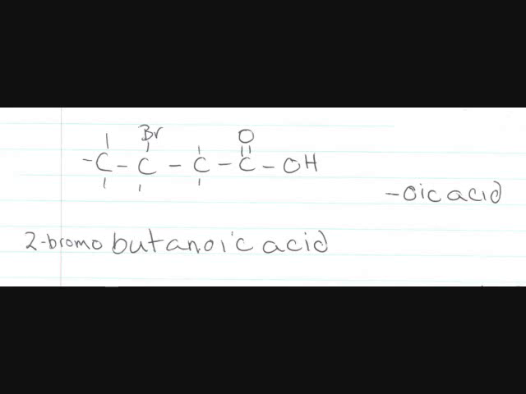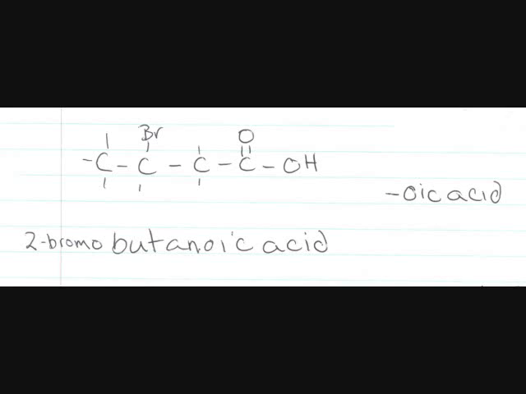All right, so we've got bute. What do we know about the carbon chain? Single bonds. Single bonds, so an. It's a carboxylic acid, so it's going to be oic acid. Butanoic acid. What else is on there? A bromine on the second carbon.